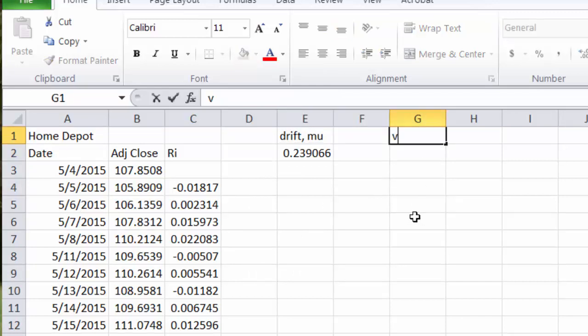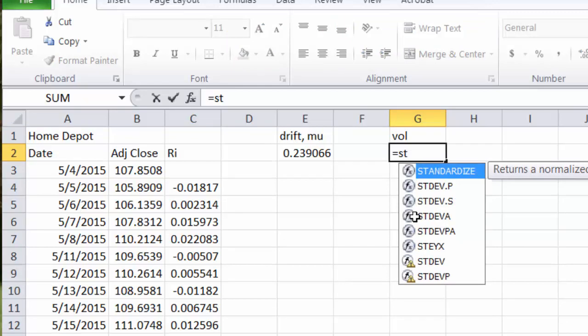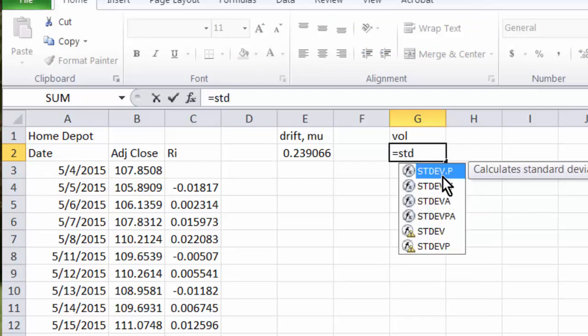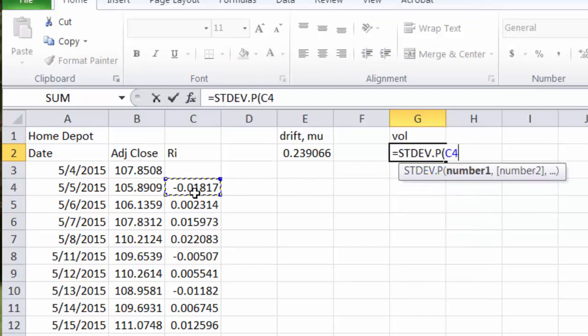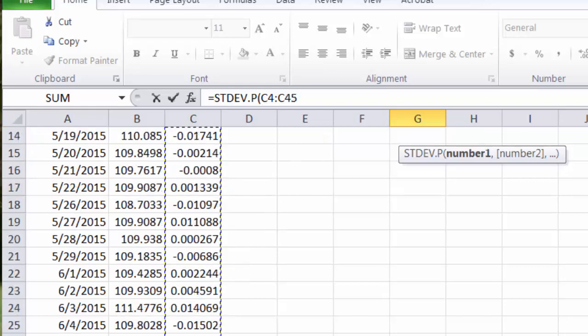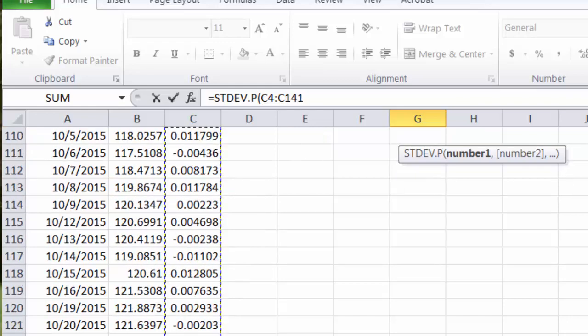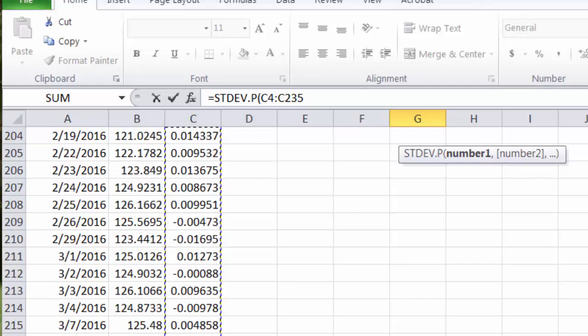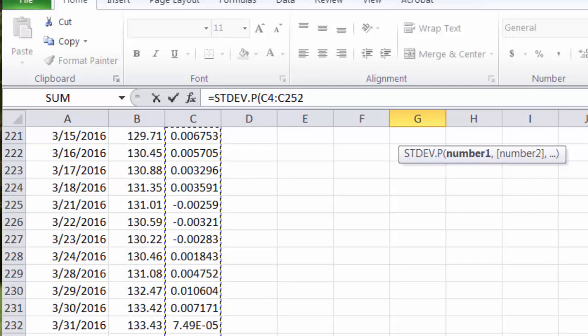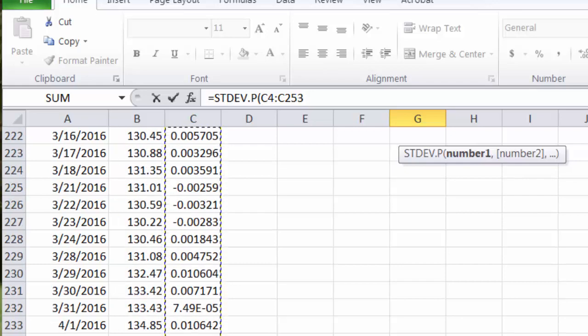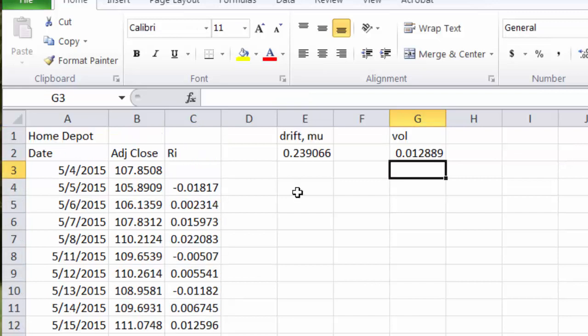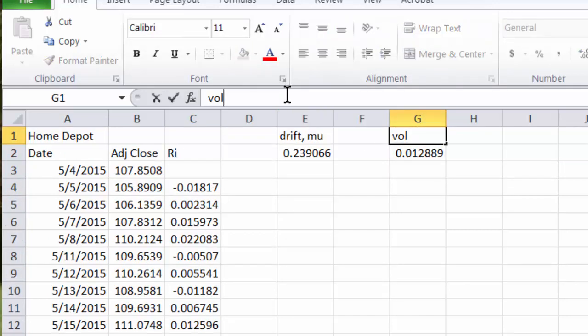Then I want my volatility. Well, volatility is going to be the standard deviation of the returns. Okay, I still have to scale that. This is my sigma.